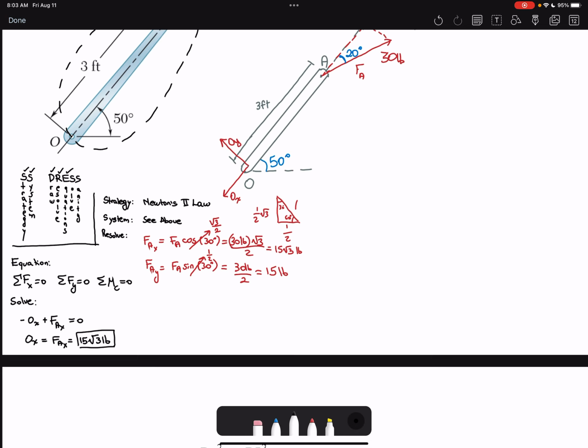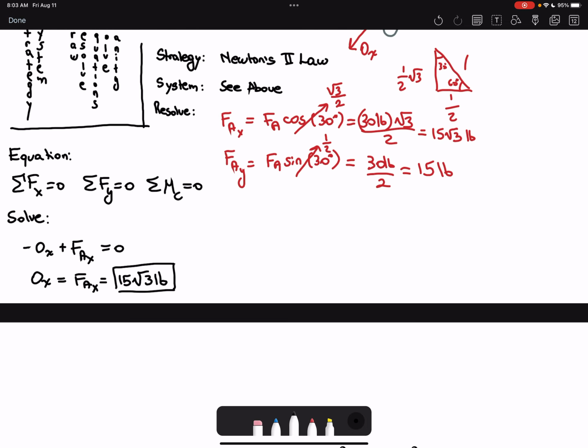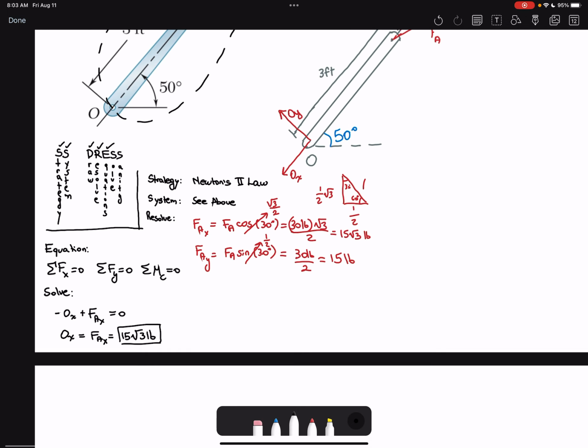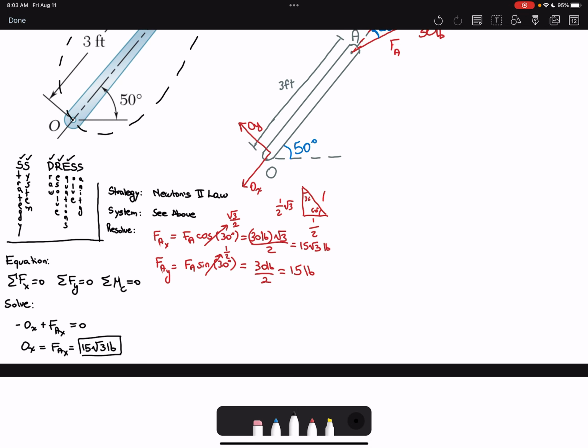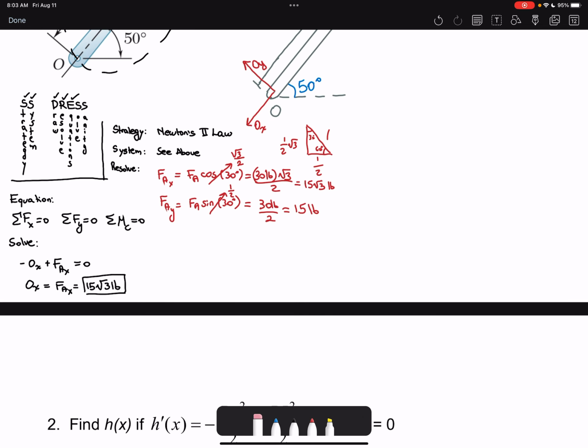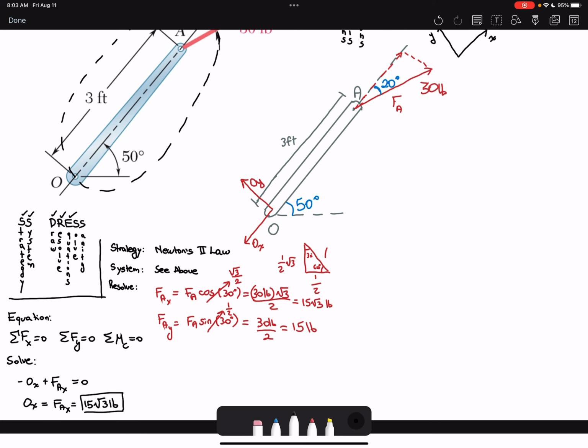And now that we have the first one, we can look at the, I don't think we even need to use all of these. We'll do all of them because I started with all of them, but then I'll erase what we don't need.